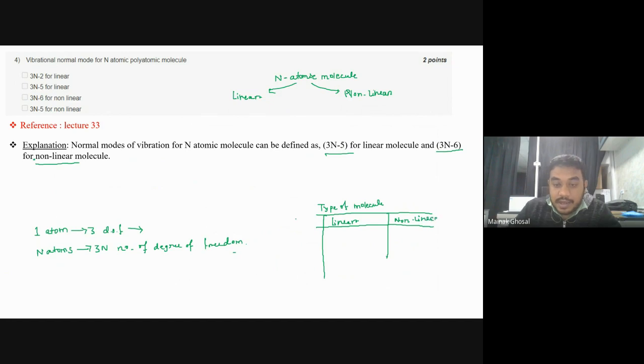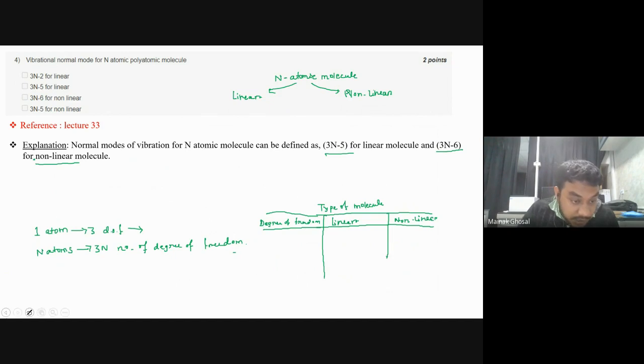On this side I'm writing degrees of freedom, and I'm going to discuss how many degrees of freedom there are for these two different molecules.